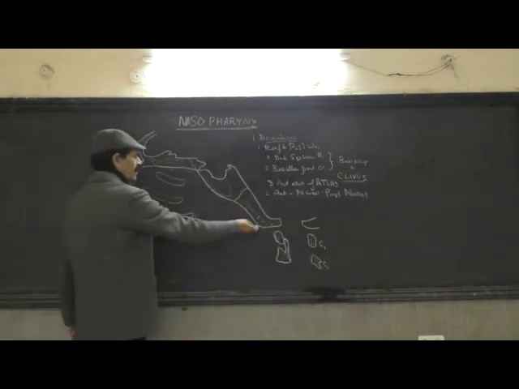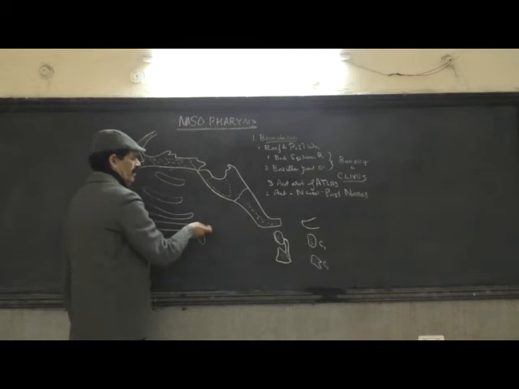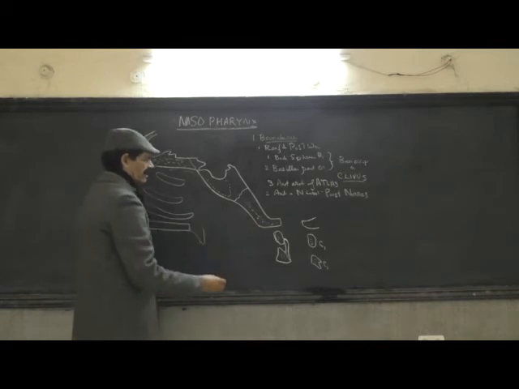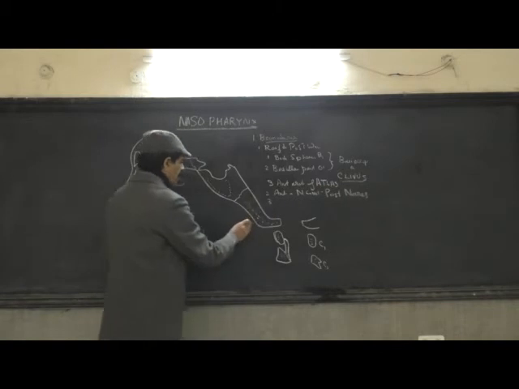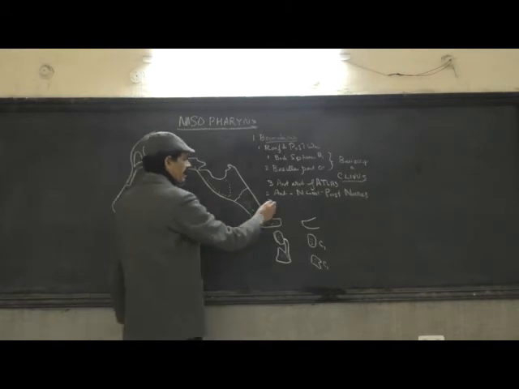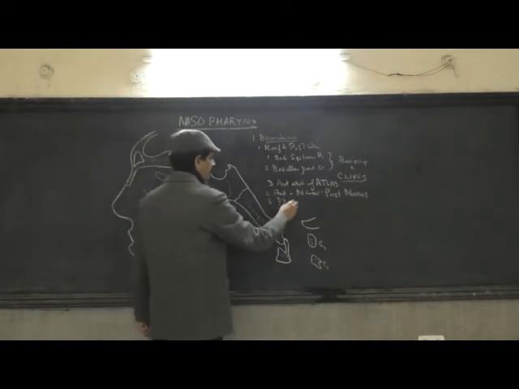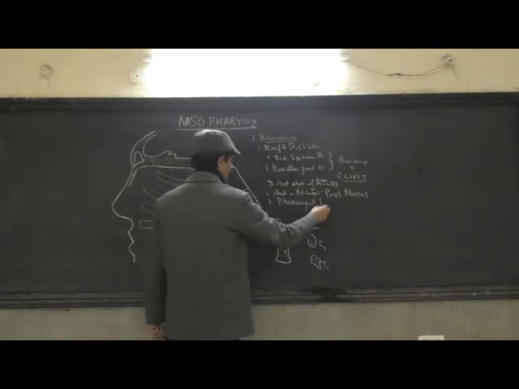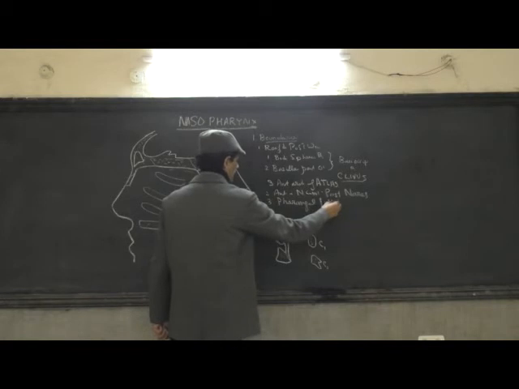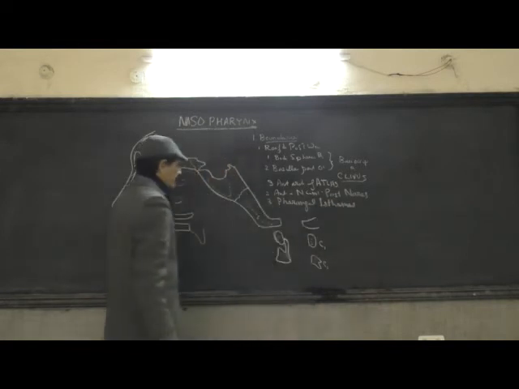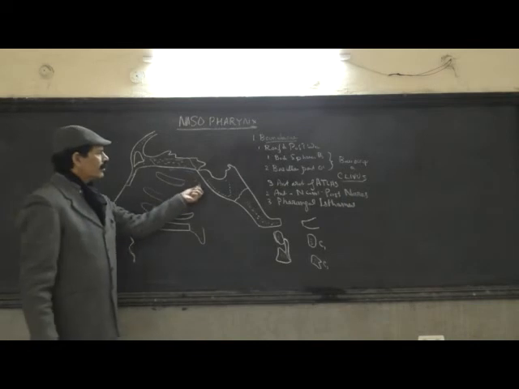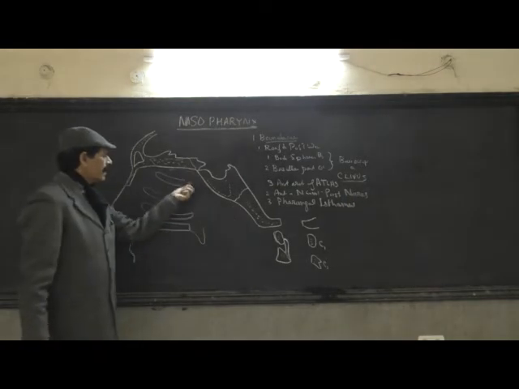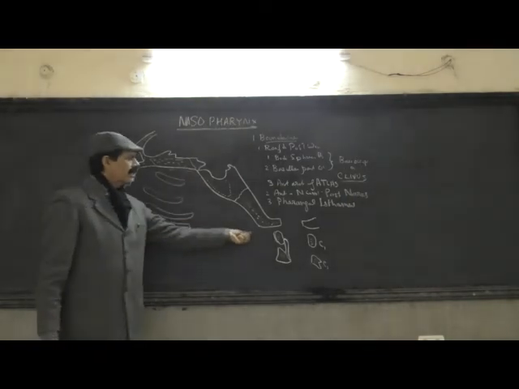Then inferiorly it opens into the oropharynx through the opening that is called the pharyngeal isthmus. So that is how we do the roof and posterior wall, anterior wall, and inferior boundary.